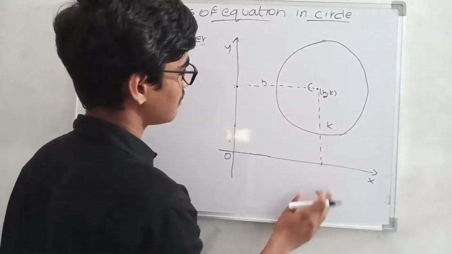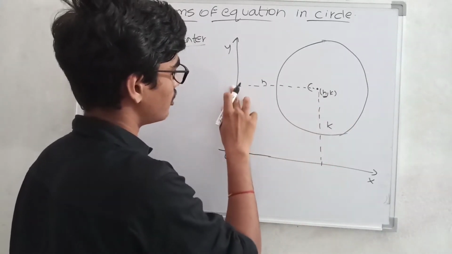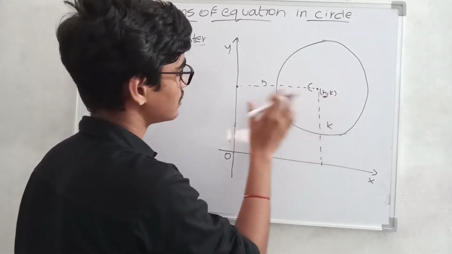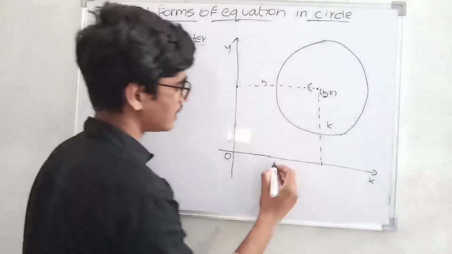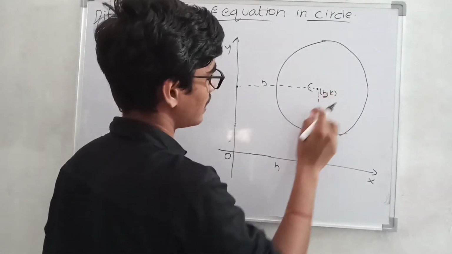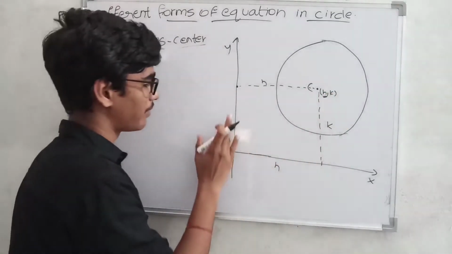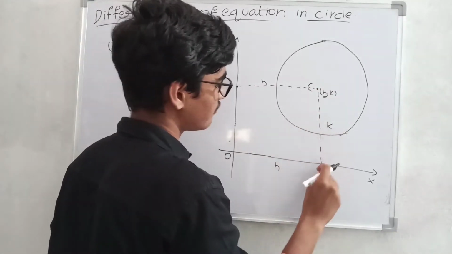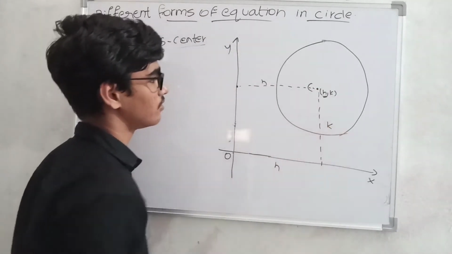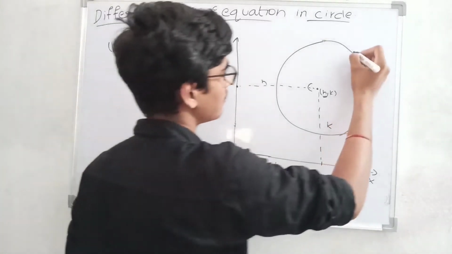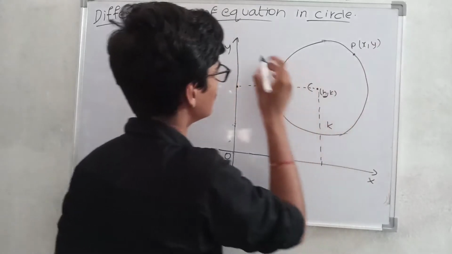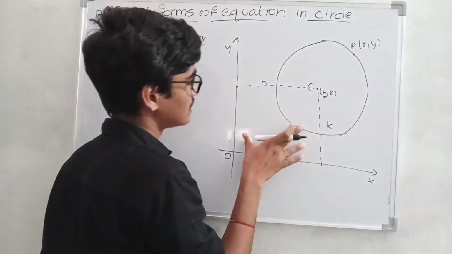If the center is h comma k, and we draw a line parallel to the x-axis to that point, that length will be equal to h. If we draw a line parallel to the y-axis to this point, the length from the x-axis is equal to k. Then mark any point P of x comma y as here.